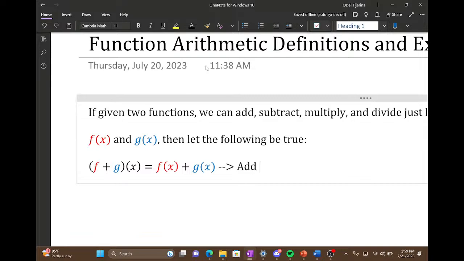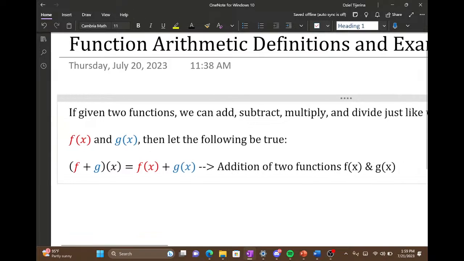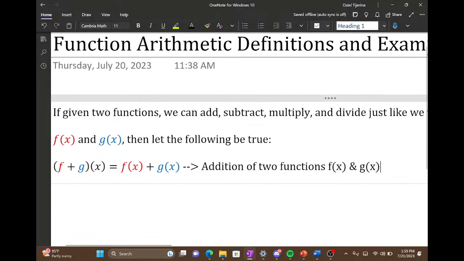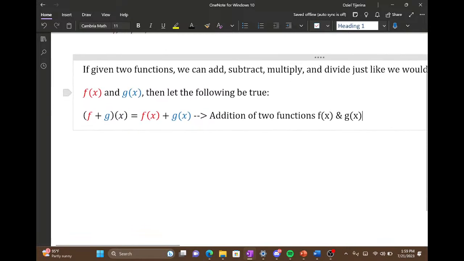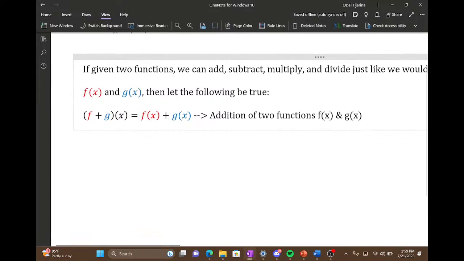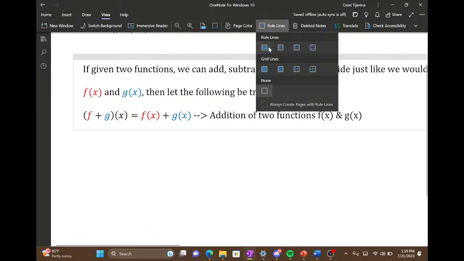This is the addition of two functions, f of x and g of x. That is the idea of what this means. We can do an example, so I'm going to start writing on here.